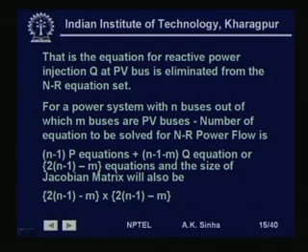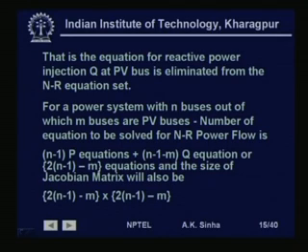Therefore, we find that for a power system with n buses, out of which m buses are PV buses, what is the number of equations to be solved for Newton-Raphson power flow?